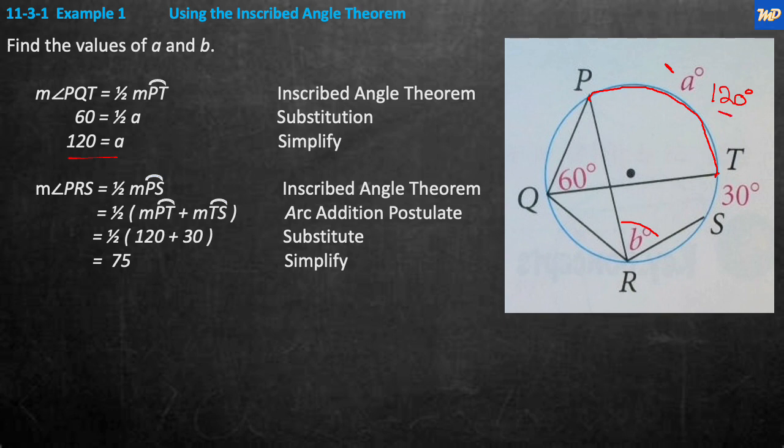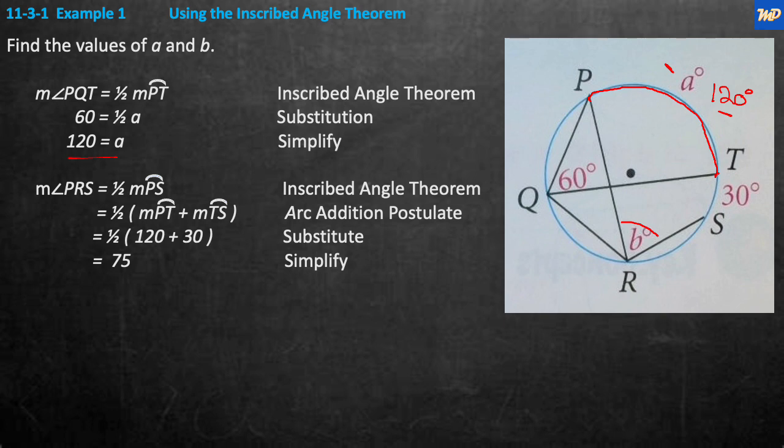We found A. Then how do we find B? Well, there's probably a couple ways you could look at this, but maybe we should just go ahead and say, let's see. I'm sorry, I had a cough for a second there. Angle PRS is equal to 1/2 of the measure of PS.